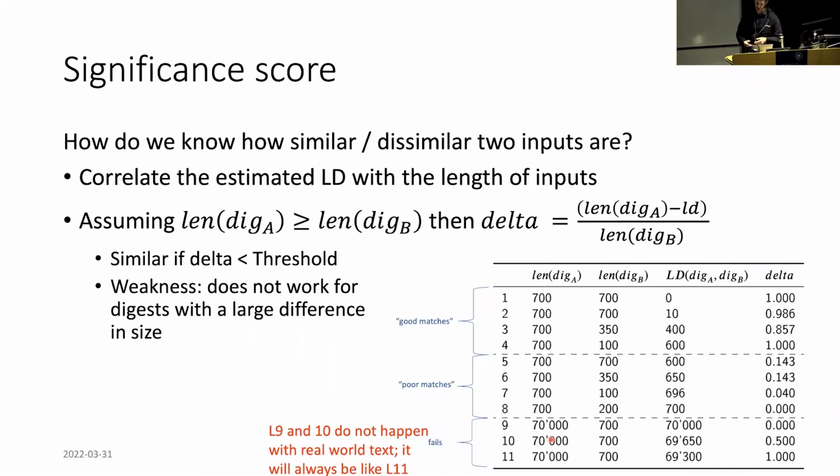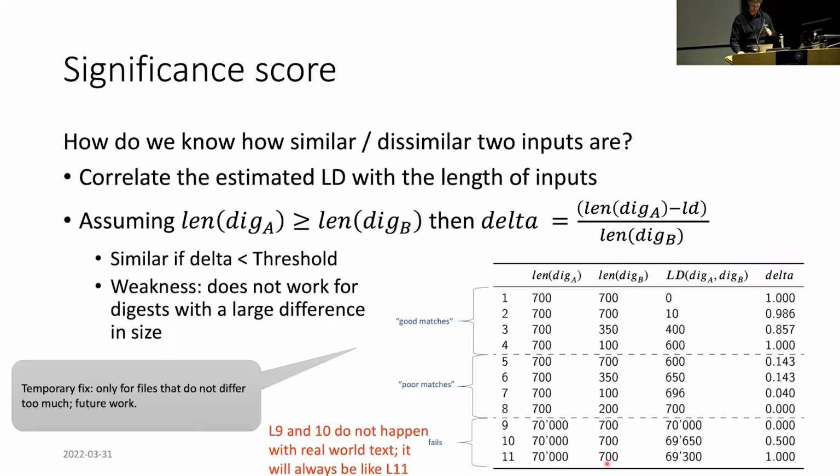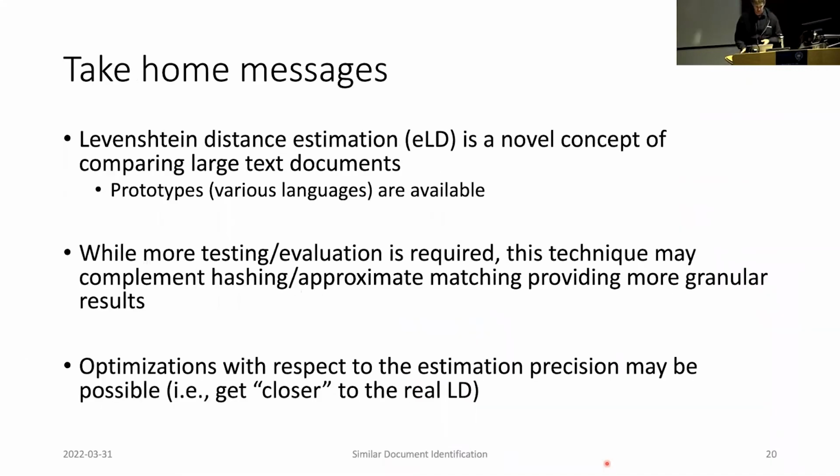It's a little bit better described in the paper. So this last one is exactly where this equation fails. This is a temporary fix that we are aware of and consider, but we would need a better equation here.